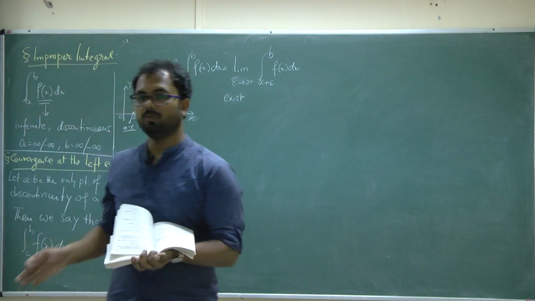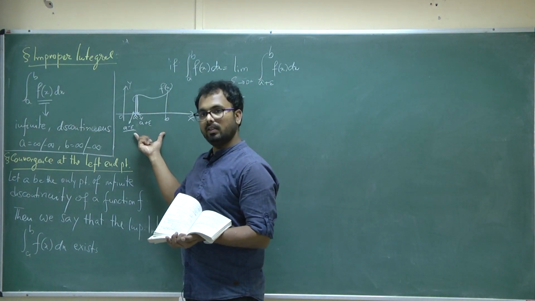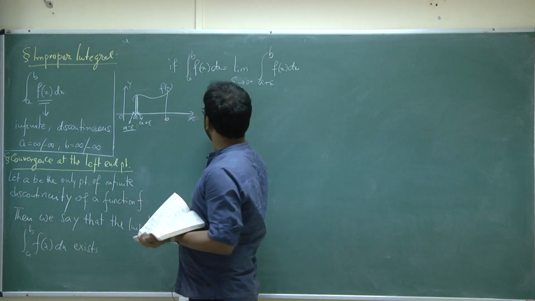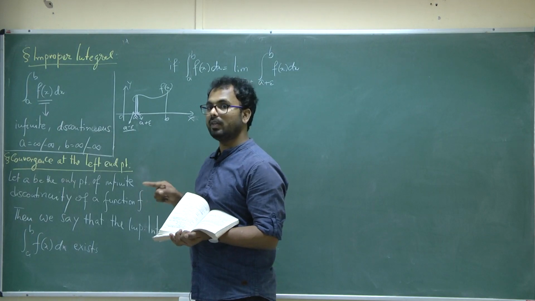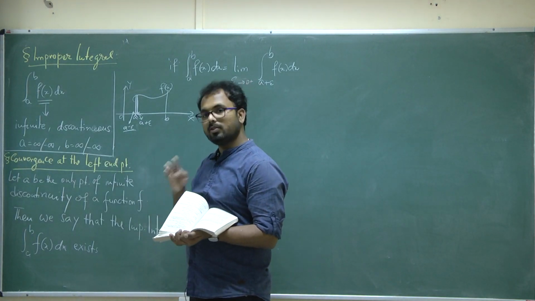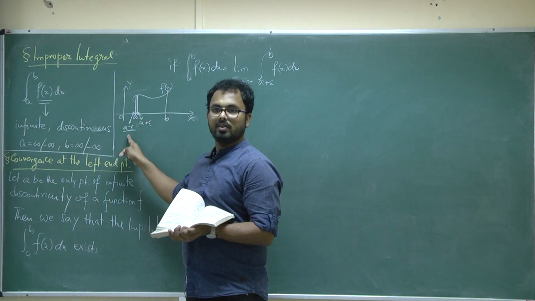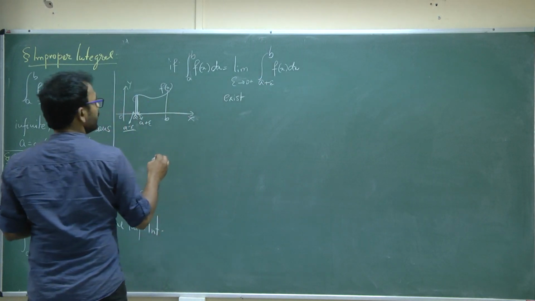We do not want that. We have to stay within the given range of integration, that means a to b, and when we are evaluating the integral at the left hand point where we have the infinite discontinuity, you add an epsilon so that you stay inside the interval. We cannot write a minus epsilon, otherwise we will go outside of the interval. So, that is the first definition.